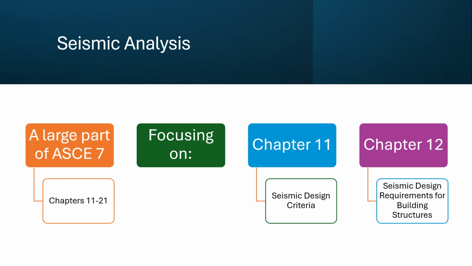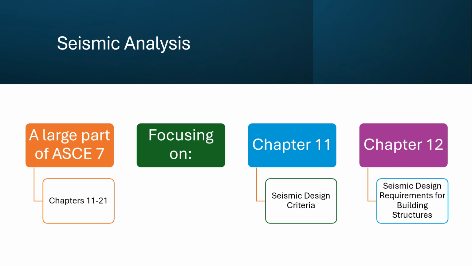For this video, because you could talk forever about wind, you could talk for double forever about seismic. So for this video, we're going to be focusing on chapters 11 and 12.